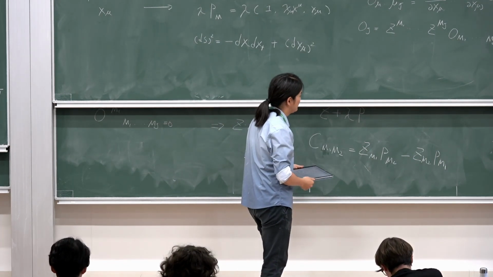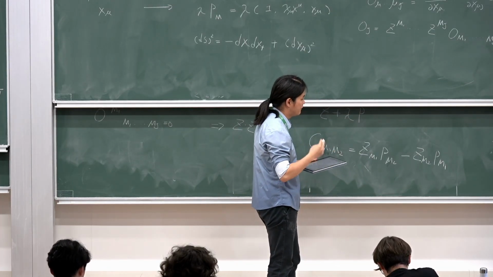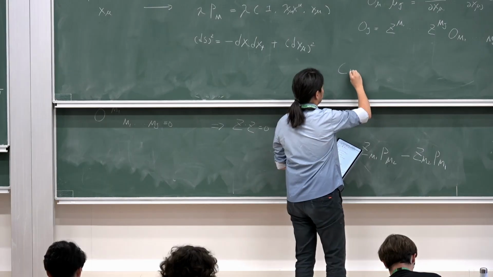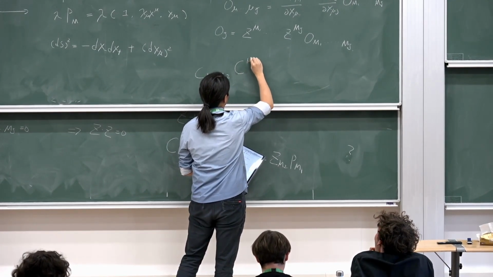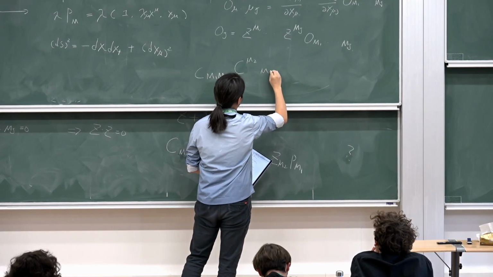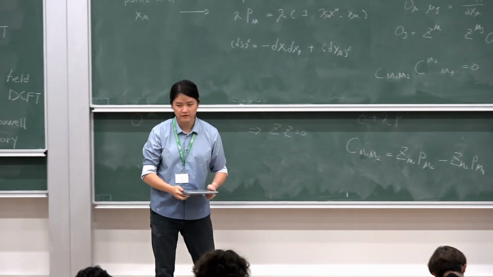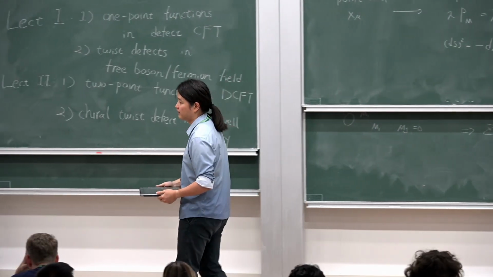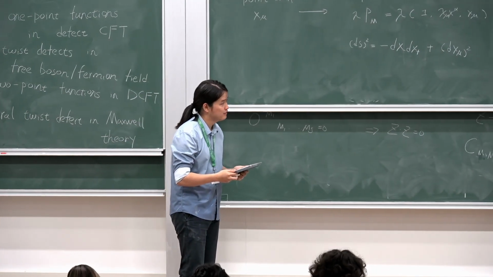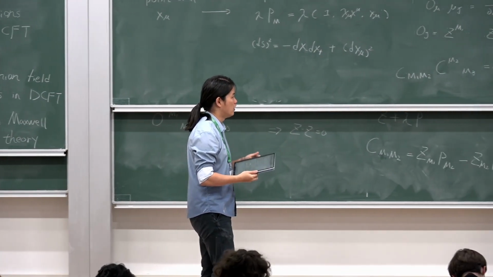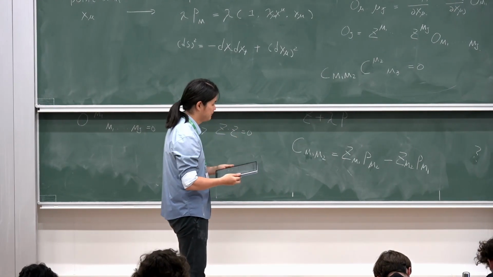Well, this object does not have any indices, so all the indices have to be contracted. But very soon, you will find out these building blocks, when contracted together, is identically 0. That means there's no meaningful polynomial that you can ever write down. That means in the CFT, where the defect is absent, the one-point function has to always be 0 for any spin J operator, which is a well-known fact.